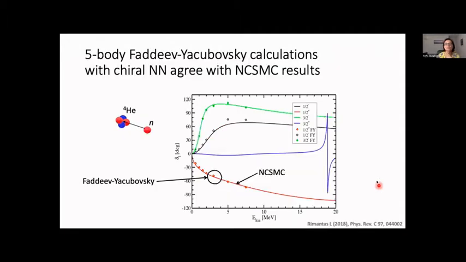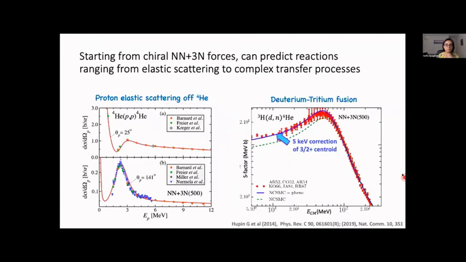Okay, so just to give you an idea, the approach works. Recently, not so long ago at least, there was also a benchmark calculation done with the new five-body Faddeev-Yakubovsky calculations from Lazauskas for a nucleon-nucleon potential, I believe it was an N3LO potential, which shows that the two calculations agree very well.